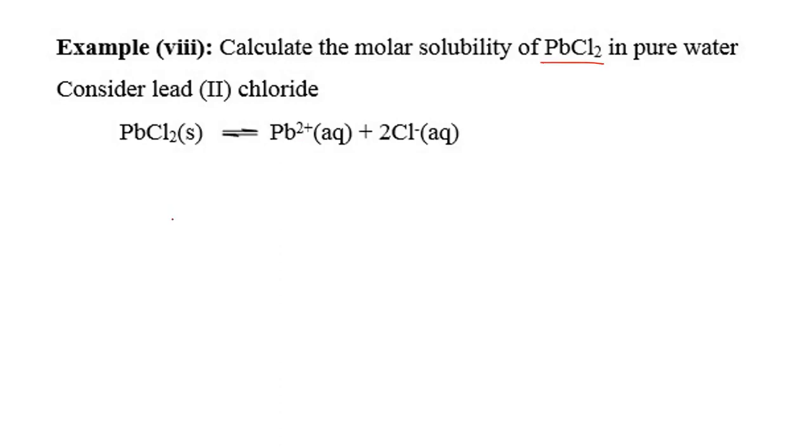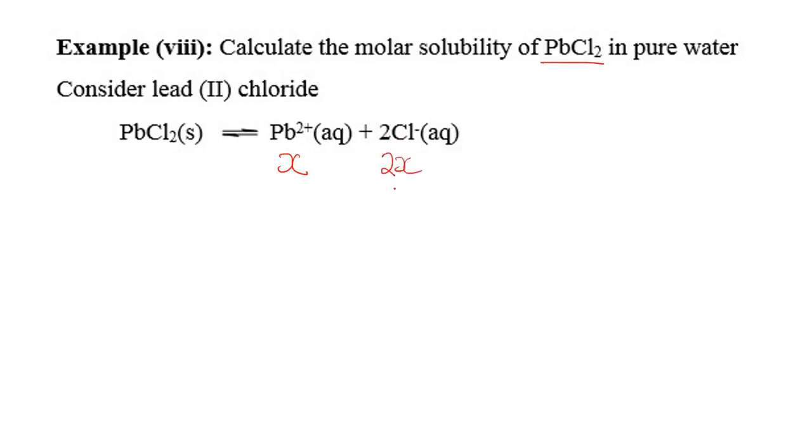So for this equation, when you dissolve a certain amount of lead chloride, you are going to form X of lead, because lead chloride and lead here is 1 to 1. But for this one, we have 2 in front here.